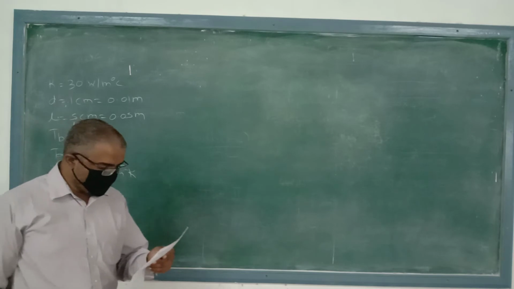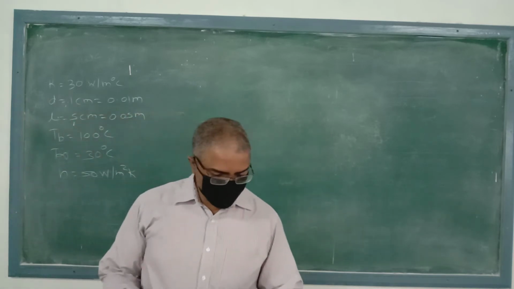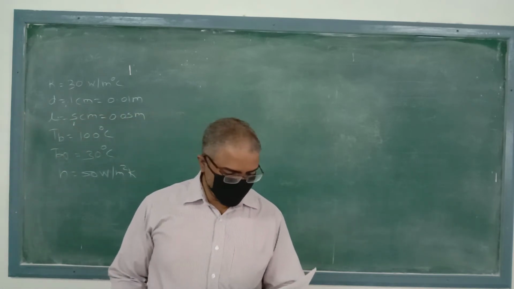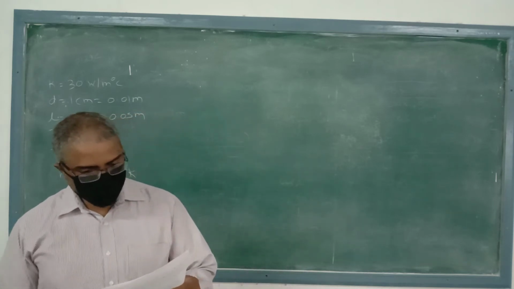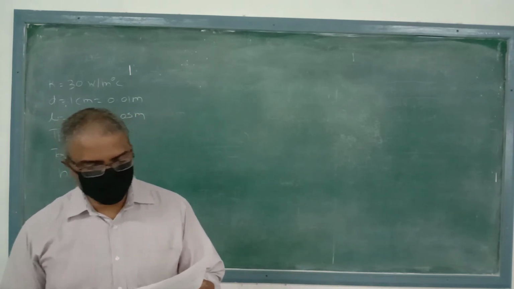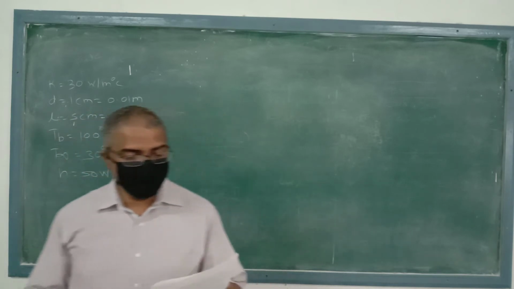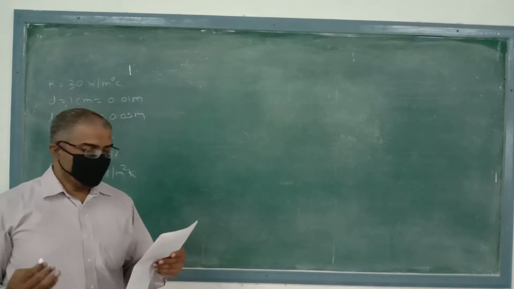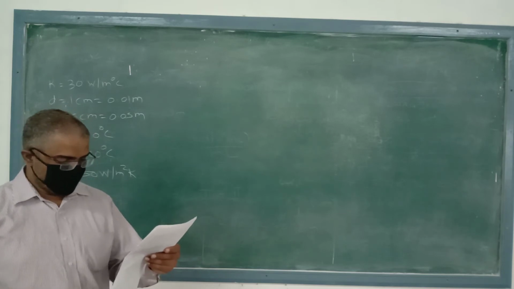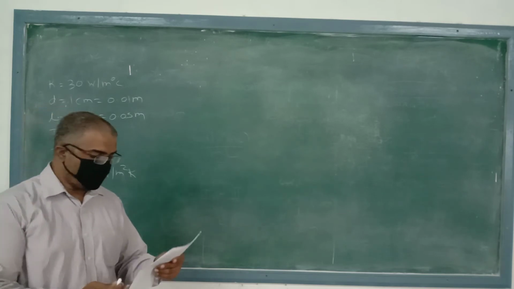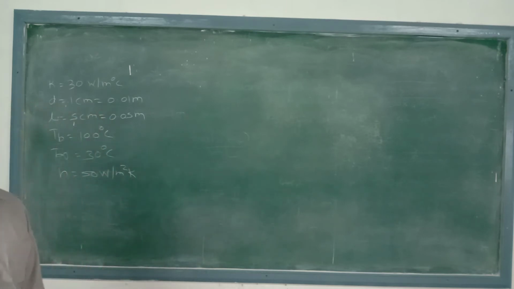Next, the fin is insulated. When the fin is insulated, they are asking you to calculate the fin efficiency, temperature at the tip of the fin and rate of heat dissipation. Okay, so all these values we have to find.